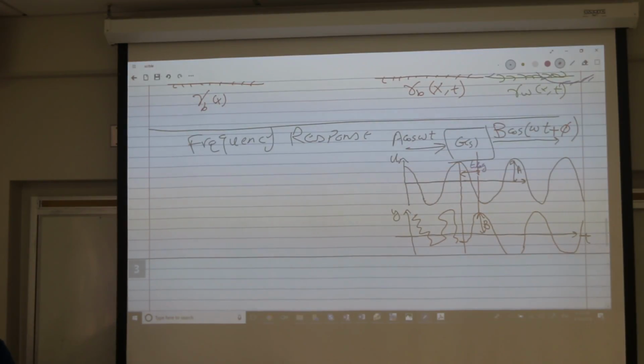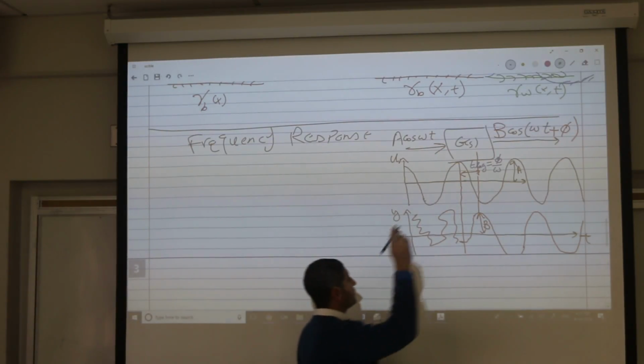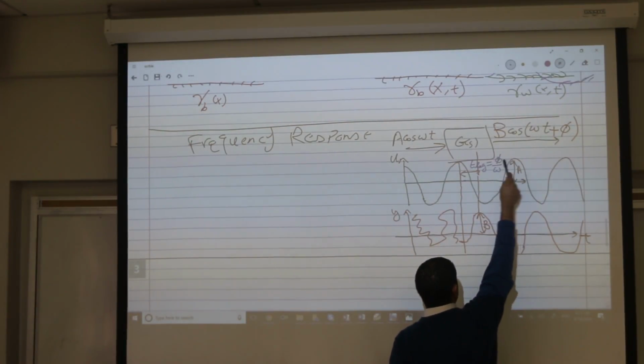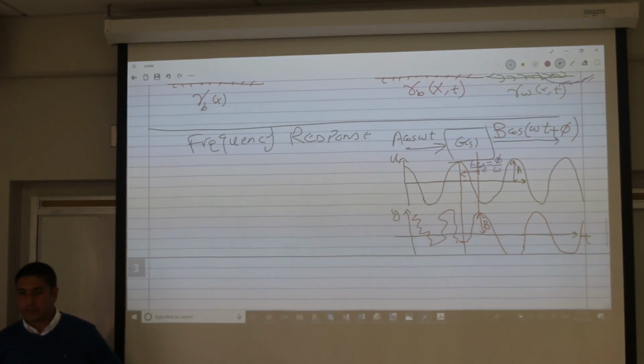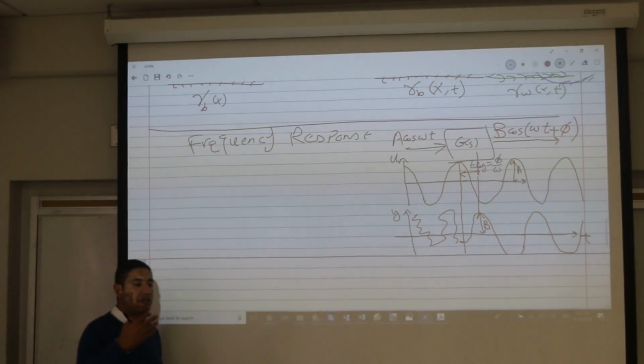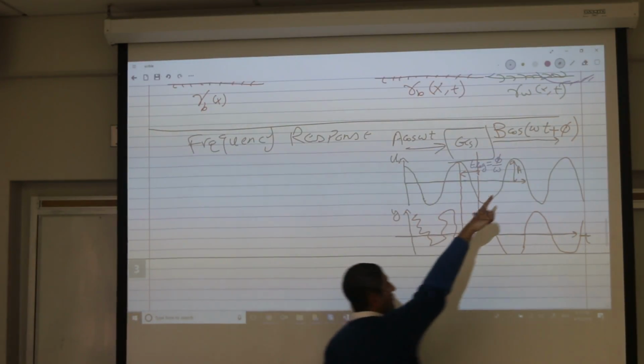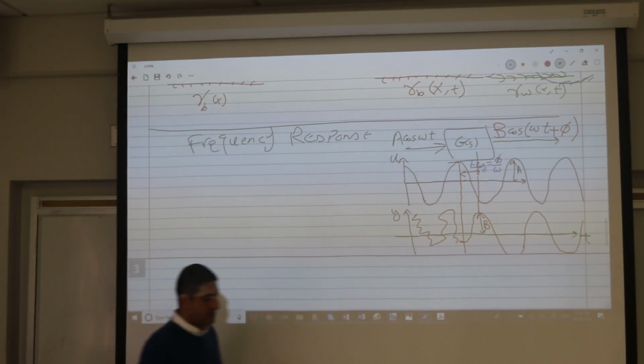My peak occurs later. It's not at the same time as the peak of the input, and this is related to phi. So phi, as Anshin was asking, is the phase shift affecting your lag. If your system is slow in response, it will have much lag, a large negative phase difference. Okay?